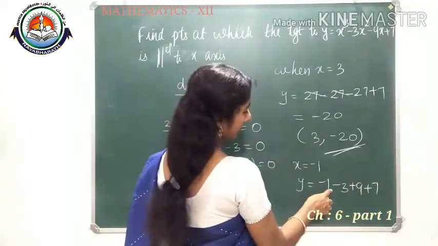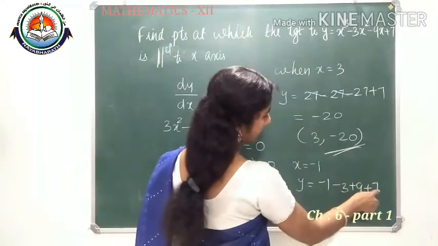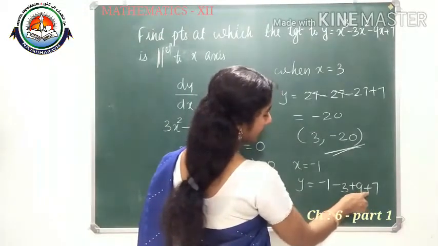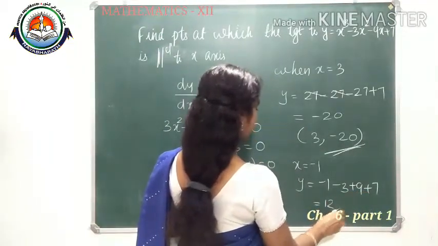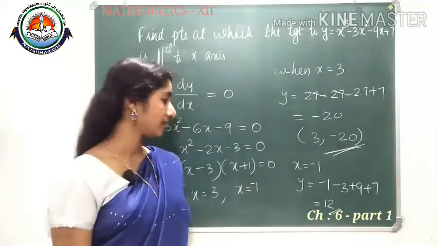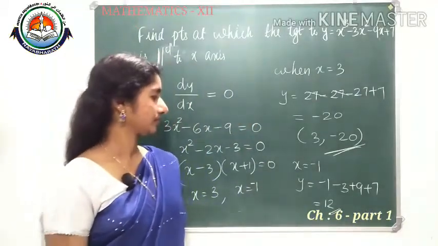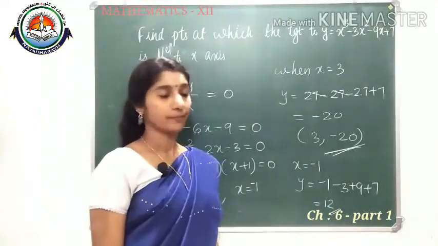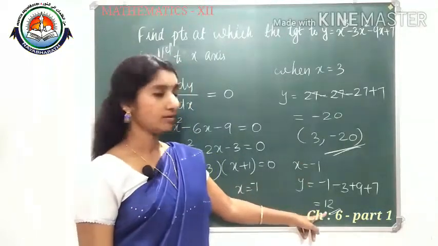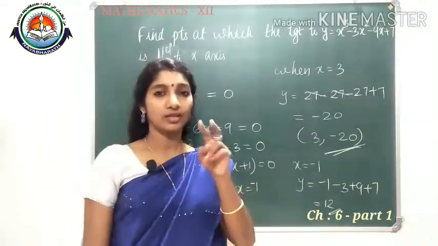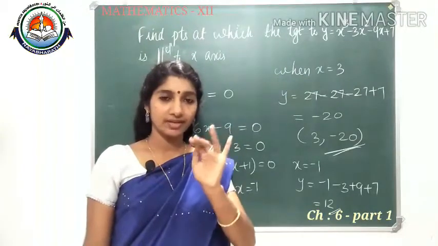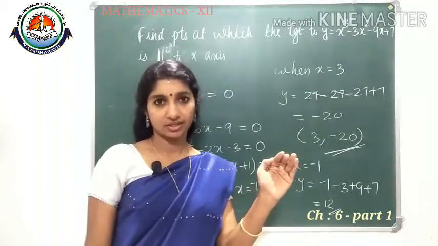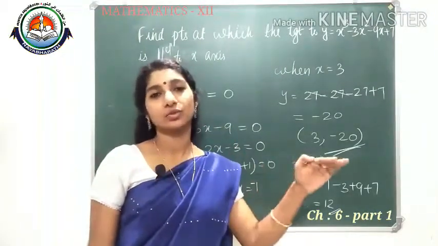So minus 4 plus 7, 3, 9 plus 3, 12. So minus 1, 12 is another point. So minus 1, 12 and 3, minus 20: these two points, when we draw the tangent, we will get it parallel to the x axis.